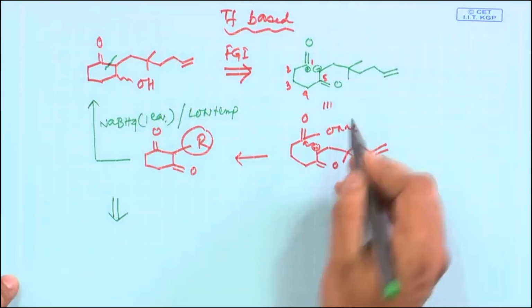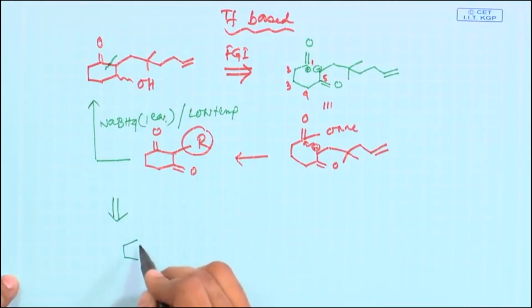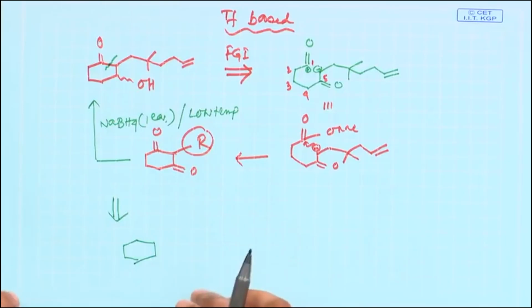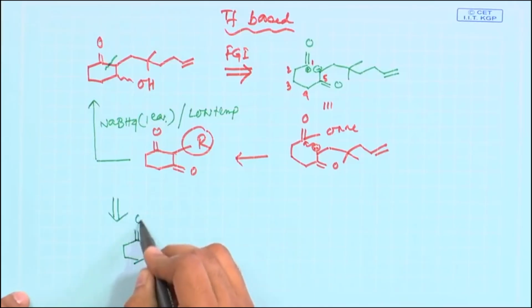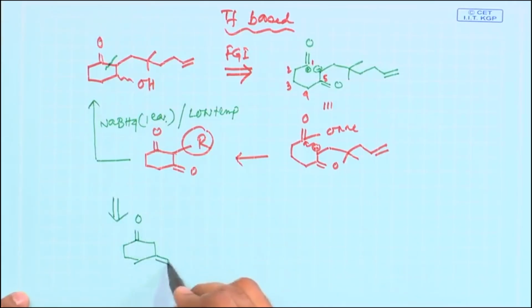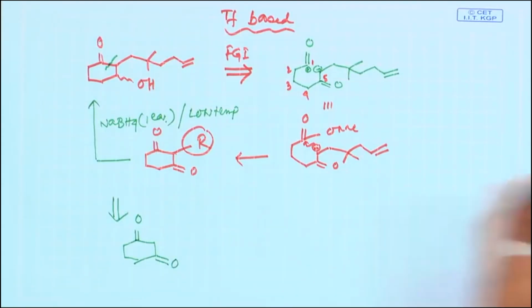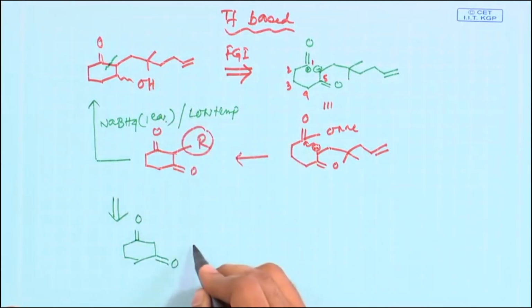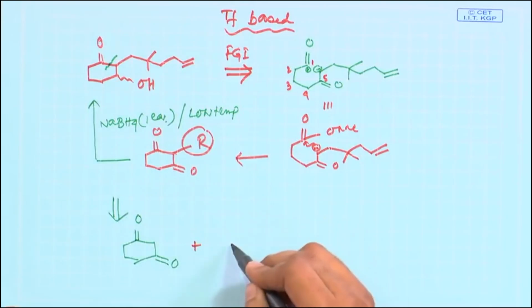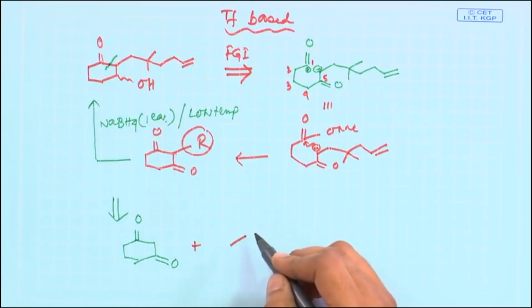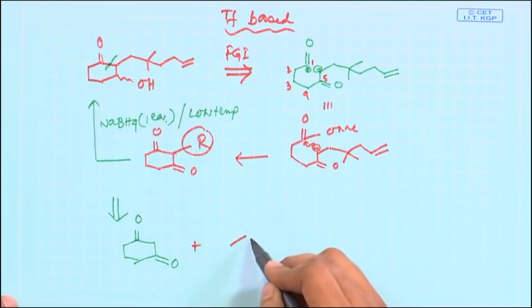You also have other possibilities, as the starting material was not given. Starting material not being given means your options are open. You can choose any starting material, but the logic must be clear. So, next I am trying to provide you another route where, if I have a 1,3-dicarbonyl compound like this, I will choose an electrophile which satisfies the entire structure.